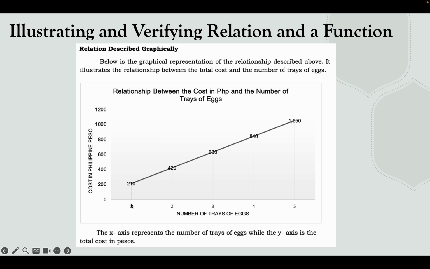For example, one tray, 210 is plotted; two trays, 420; three trays, 630; four trays, 840; then five trays, 1,050. That means you can make an increasing line out of it.